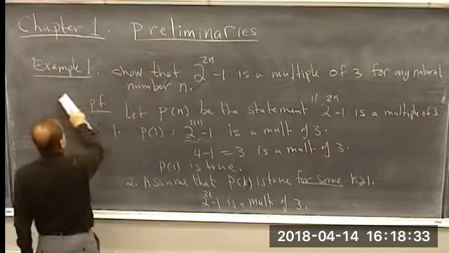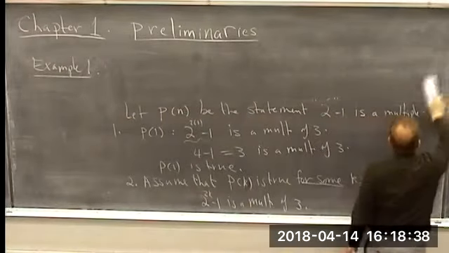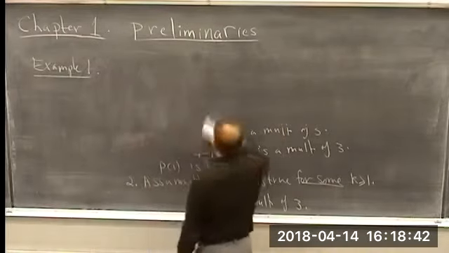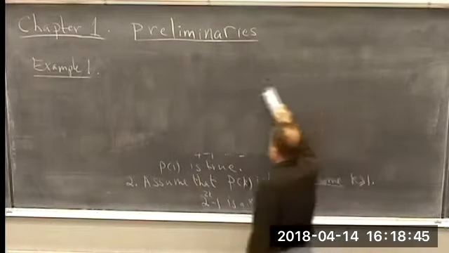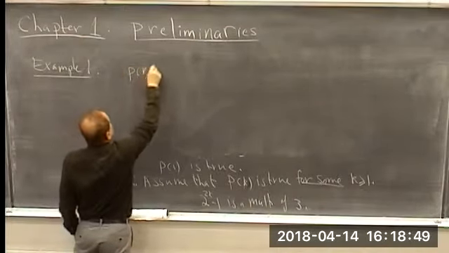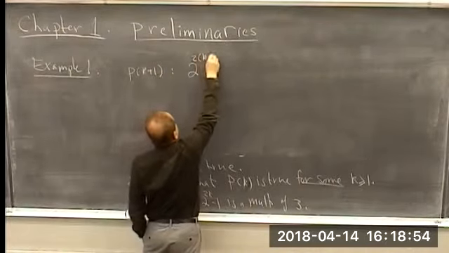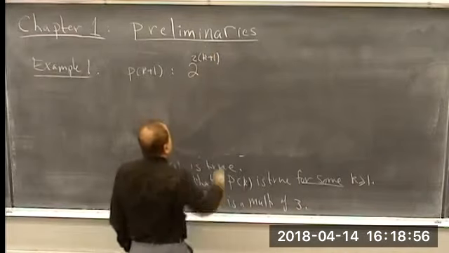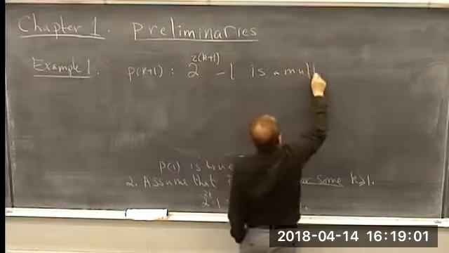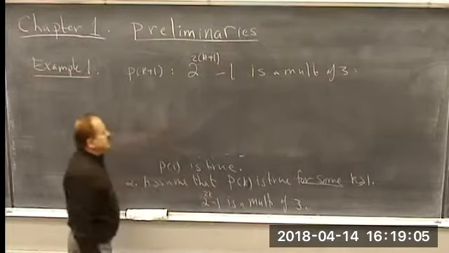But then we want to consider the statement for k plus 1. So let's look at what the statement looks like when n is k plus 1. So P(k+1) means that 2 to the power 2(k+1) minus 1 is a multiple of 3. So we're going to show this is true.